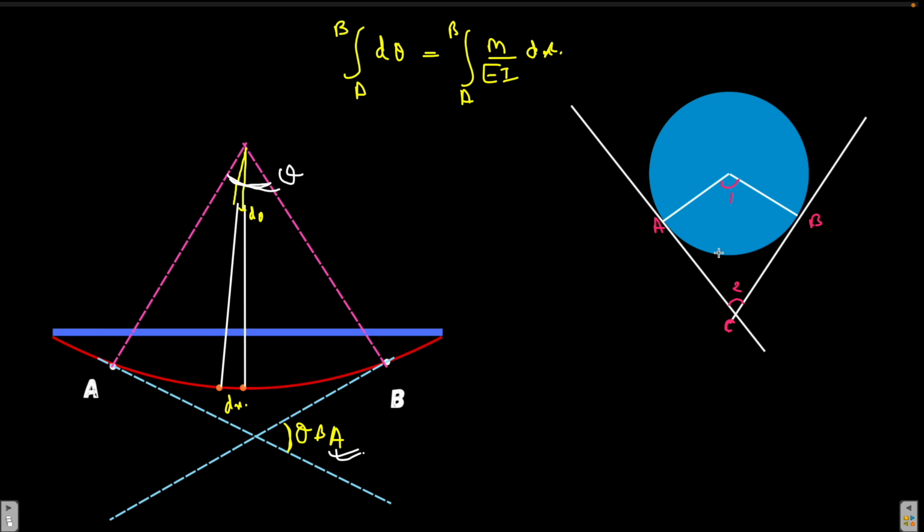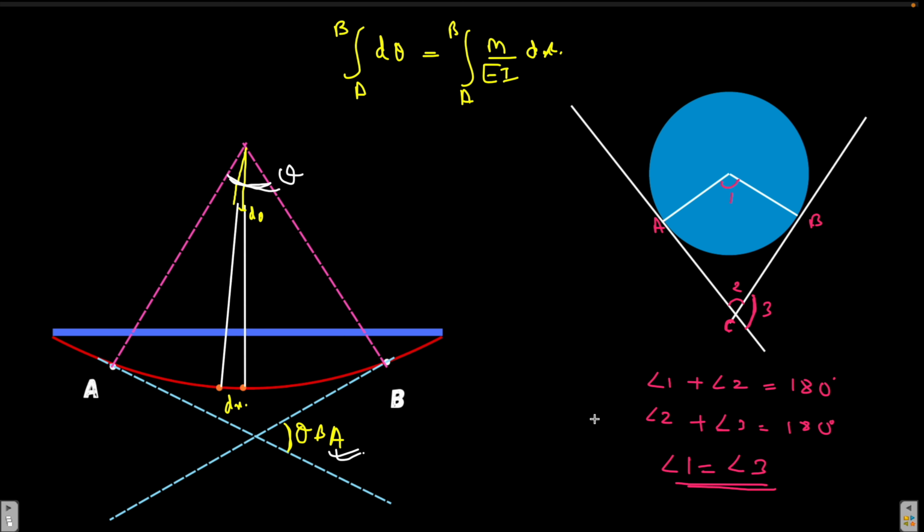From the properties of the circle, we know that angle 1 is equal to angle 2, and this angle, let it be angle 3. Now, angle 2 plus angle 3 is again 180 degrees, since it is a linear pair. So let me just write it down. Angle 1 plus angle 2 is 180 degrees, and angle 2 plus angle 3 is again 180 degrees. So from these two equations, we get angle 1 is equal to angle 3.